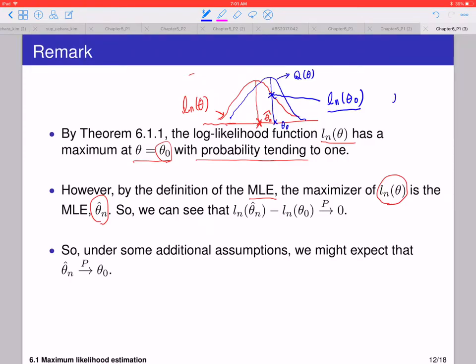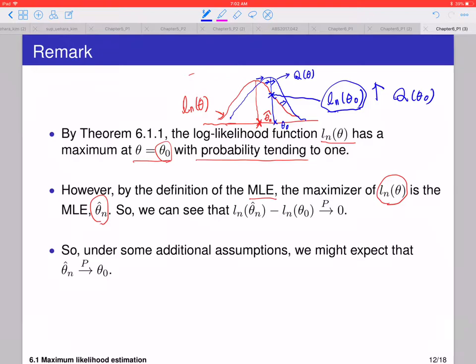It may not be the maximum, but the message is that if you have a large sample, if you increase the sample size, then this will move to something like this. Then the Ln will go up, because as n increases, it will converge to Q zeta, which is the maximum.